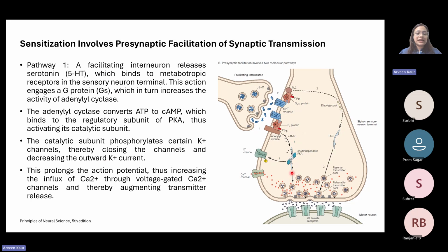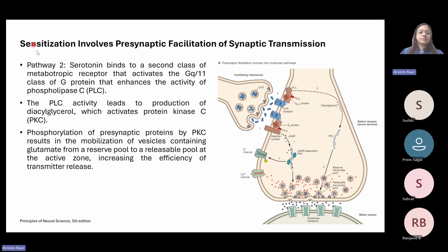The catalytic subunit phosphorylates certain potassium channels over here, thereby closing the channels and decreasing the outward potassium current. This prolongs the action potential, thus increasing influx of calcium through voltage-gated calcium channels and thereby augmenting transmitter release. Right, so calcium influx is there, due to which these vesicles go and merge with the presynaptic terminal membrane and release neurotransmitter outside. So this was pathway one.